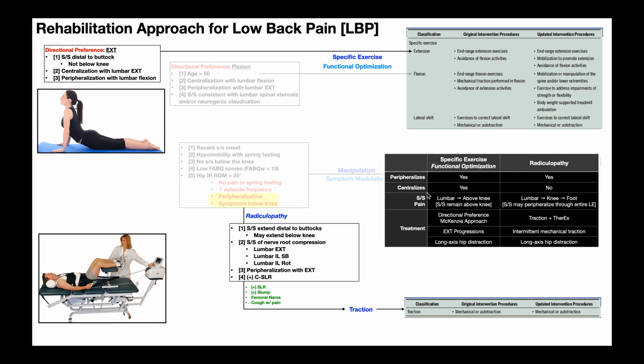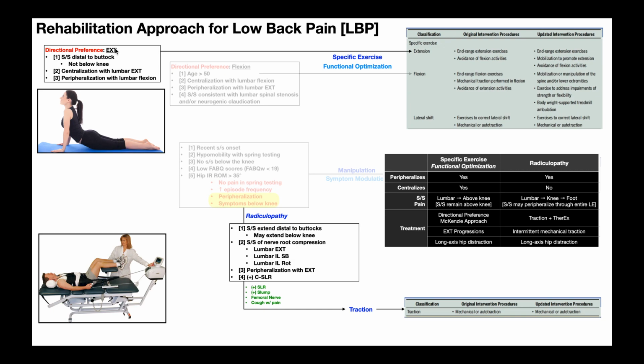Now the next part is the signs and symptoms of the pain, in particular with the peripheralization, right? So in the specific exercise group, these patients tend to do better if their peripheralization does not go past the knee. Okay, so you can have, for this directional preference and extension, the symptoms going distal to the buttock, but not below the knee. As long as they remain in the thigh, just above the knee, they can probably do okay in this group.